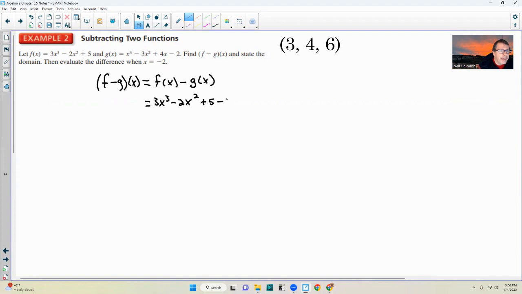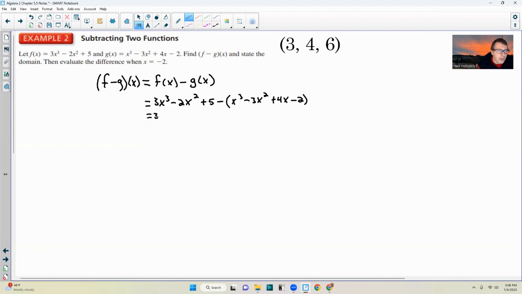And I'm going to hit minus, and then I'm going to put parentheses here because I'm subtracting the whole thing. So all these signs are going to change. X cubed minus 3x squared plus 4x minus 2. Okay, so the book shows it horizontally and they don't do the distribution, but I like to show this.